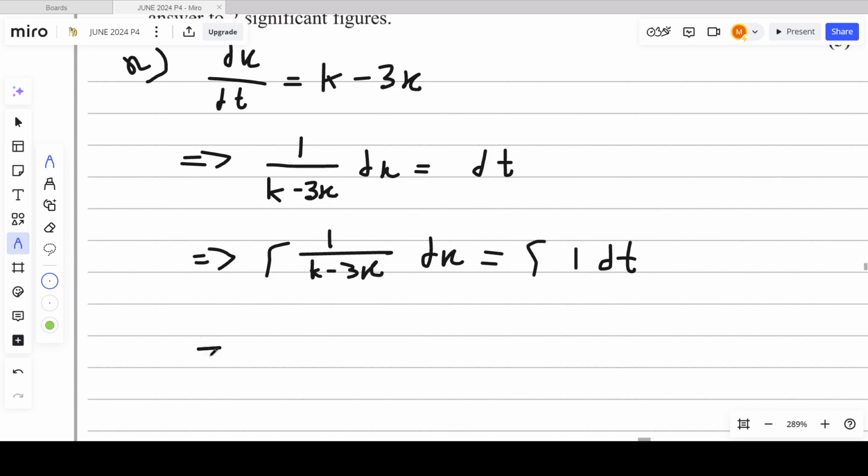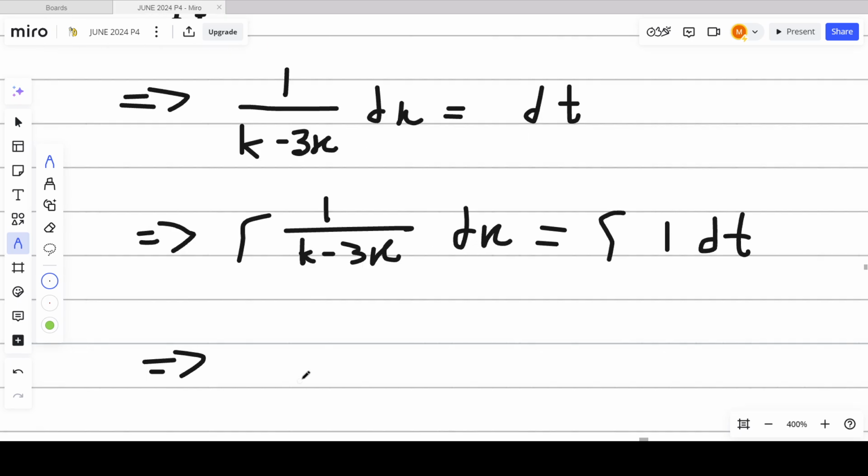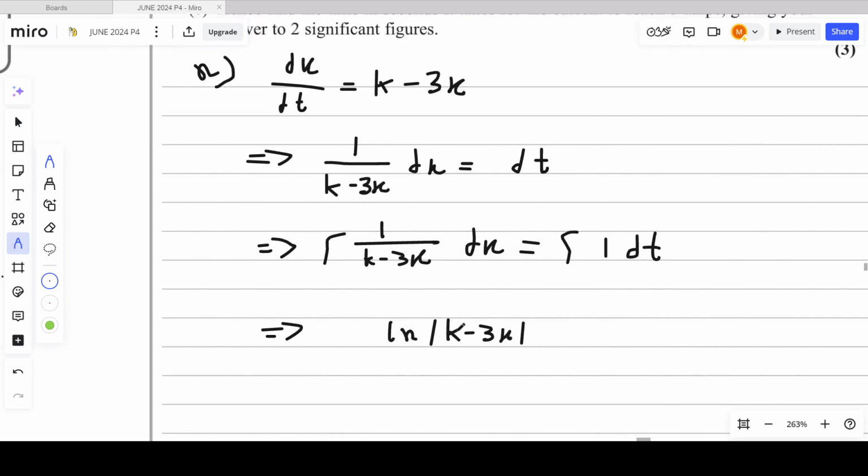Now if you integrate both sides, the integration of 1 over x is ln x. That means the integration of 1 over k minus 3x would be ln of the modulus of k minus 3x. Why do we give the modulus? Because the domain of a logarithm cannot be negative.